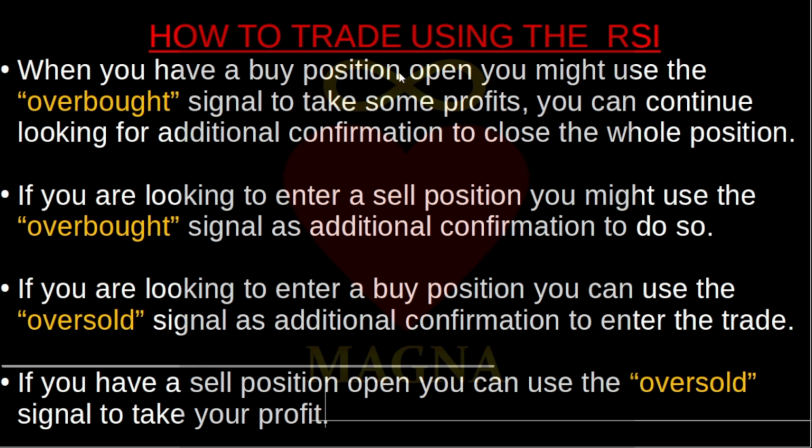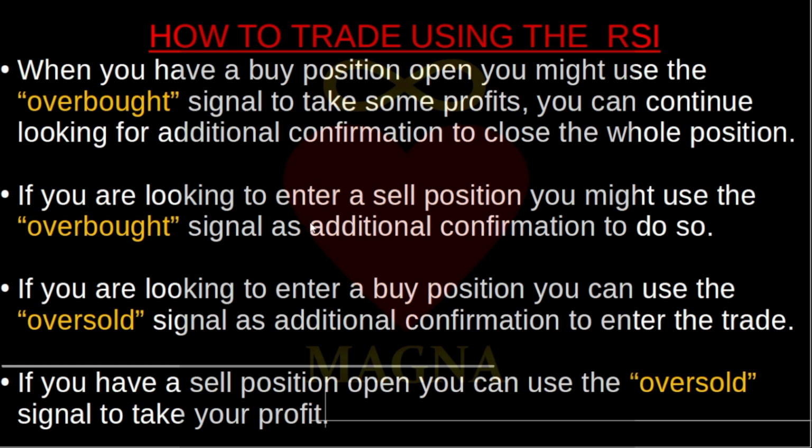So if your position is open and price has gone above 70, you might use this as a signal to start locking in some of the profits, and you can continue to look for additional confirmation to close the whole position. So it's important to lock some profits rather than leaving the market without any profit at all. So you can use the RSI to indicate whether it's time for you to take some partial profits.